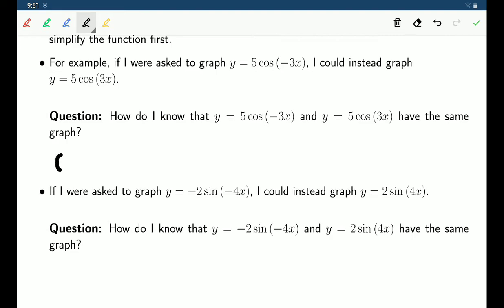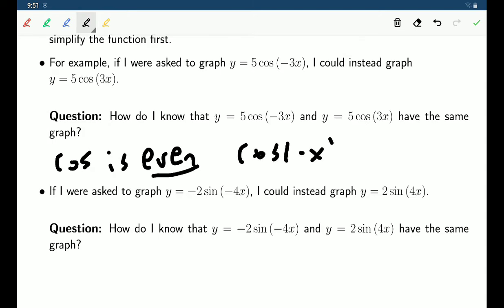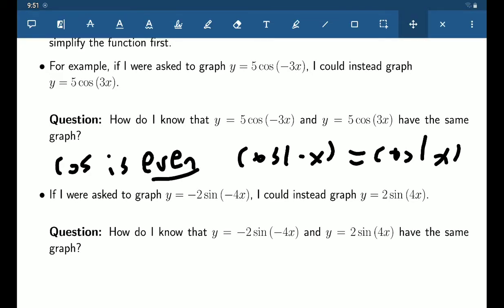Well, the answer is cosine is even. And because cosine is even, cos of -x is the same thing as cos of x. So cos of -3x is the same thing as cos of 3x. Essentially we can just get rid of that negative because the cosine function is symmetric around the y-axis.